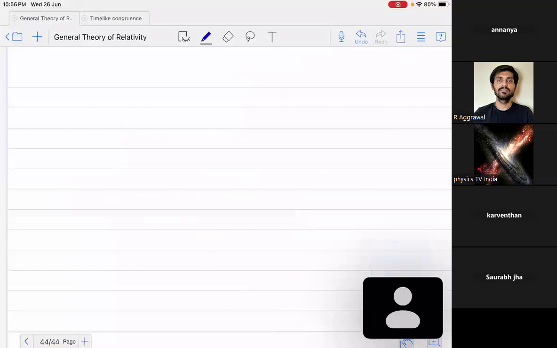So we can define gradient, divergence and curl in tensor notation. I hope everyone is familiar with gradient, divergence and curl. Suppose there is a scalar phi and you are differentiating del mu phi.